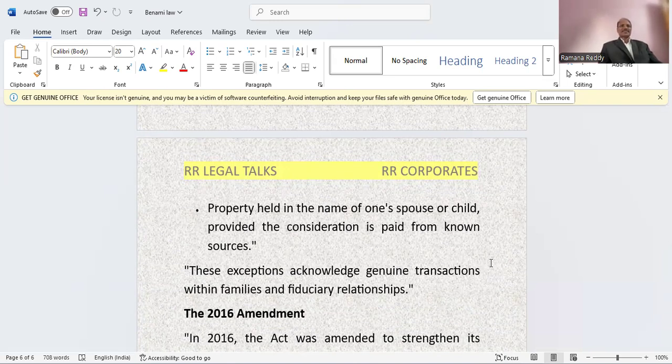These exceptions acknowledge genuine transactions within families and fiduciary relationships.